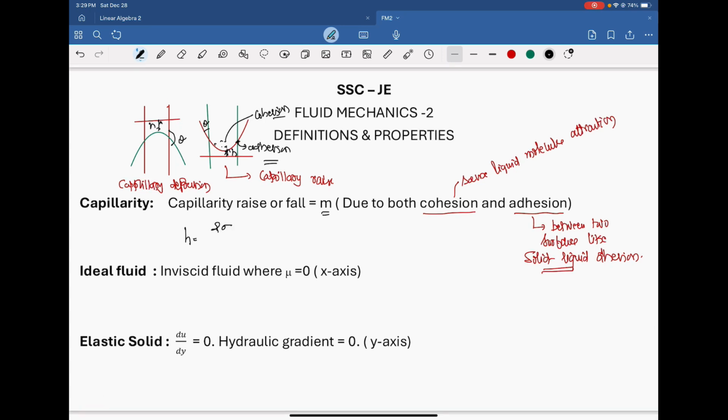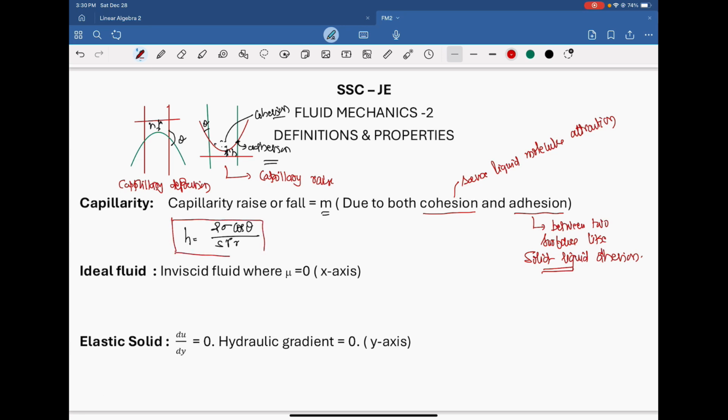H is equal to 2 sigma cos theta by S sigma r. This is the equation.